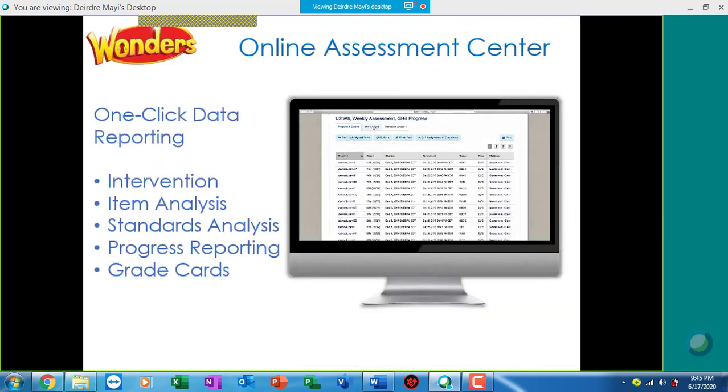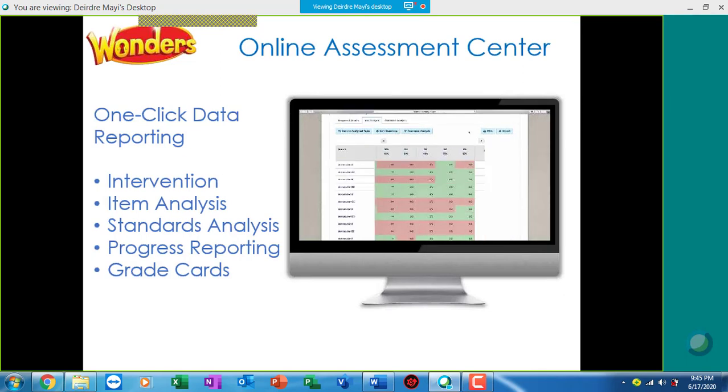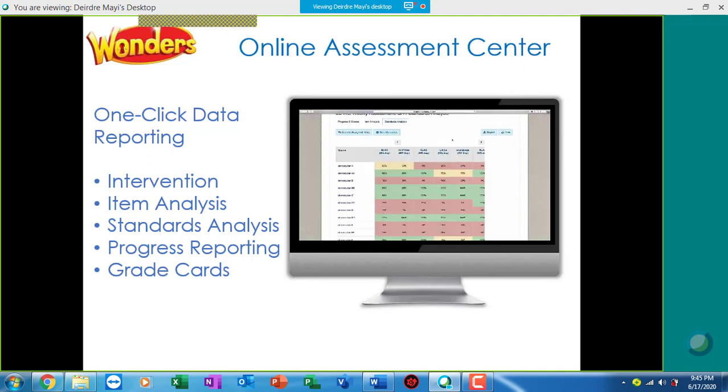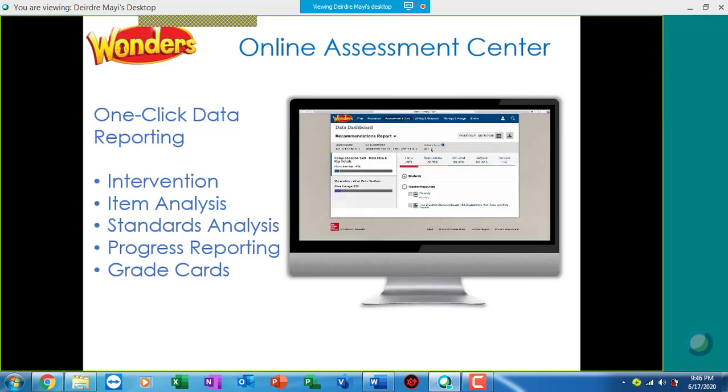Your students do have the option of taking the benchmark, unit, and progress monitoring assessments online. Those screening and diagnostic tests need to be taken paper pencil. Now here's the benefit of having students take assessments online.